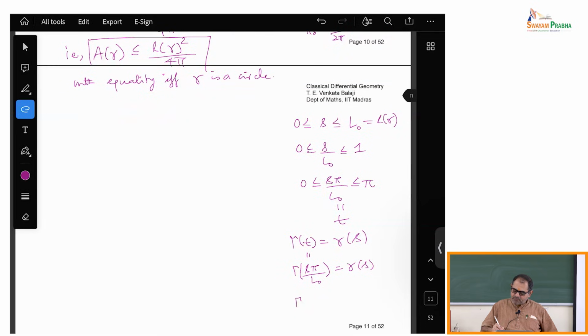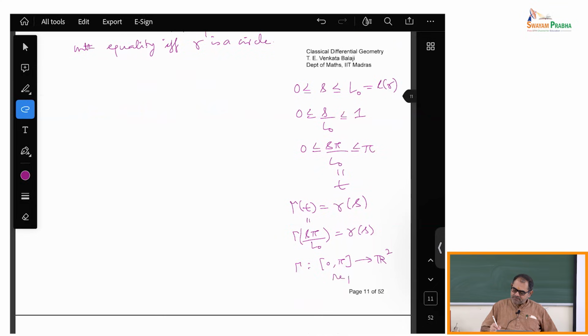So this gamma will go from 0 to pi into R2, and it's a reparametrization of small gamma, which is the arc length parametrization going from 0 to L naught into R2. And why is this a regular reparametrization?